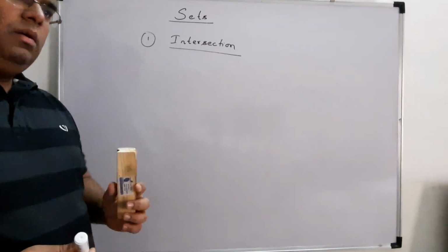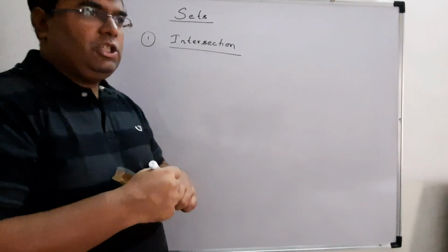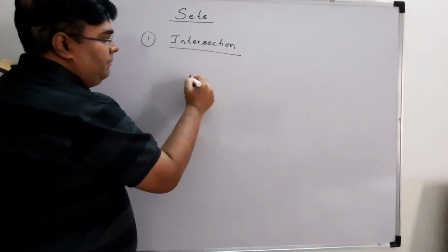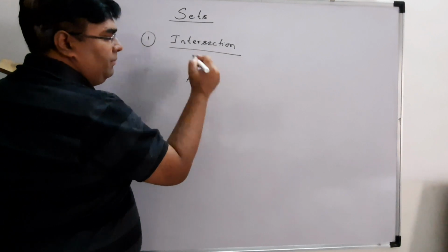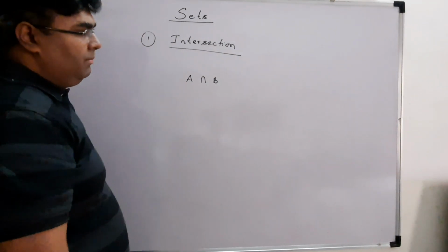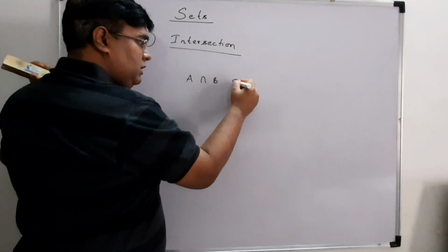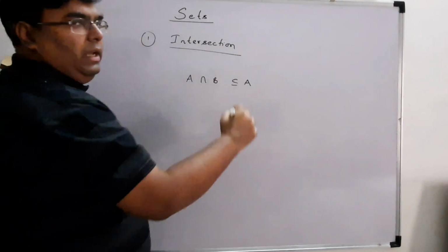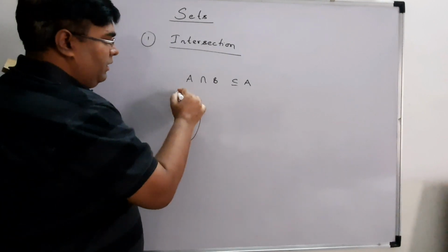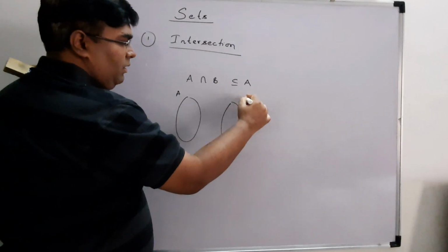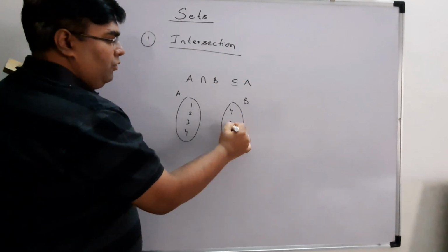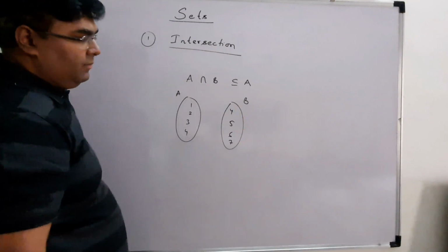Okay, let us learn one more thing about intersection. What is that? See, there are two sets A and suppose B. Okay, so A intersection B is always a subset of A. Suppose we have A and B, 1 2 3 4 and 3 4 5 6 7, right?